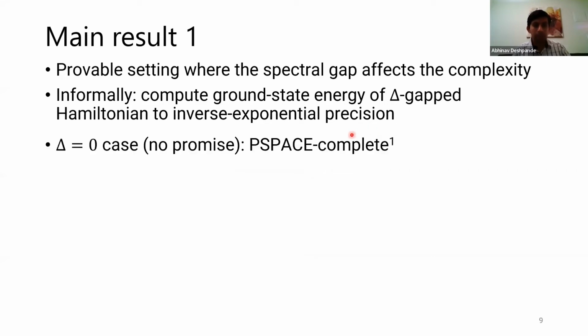When delta equals 0, which means that we are only assured that the spectral gap is larger than 0, which is just a vacuous promise, then this problem is PSPACE-complete. And this power is essentially stemming from the fact that we are looking at inverse exponential precision.